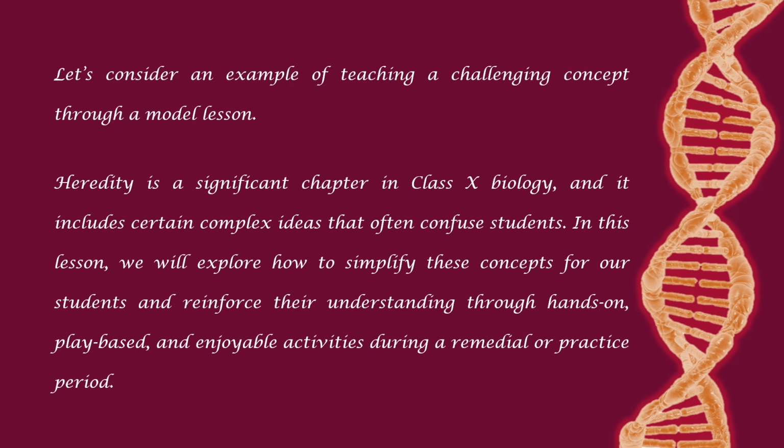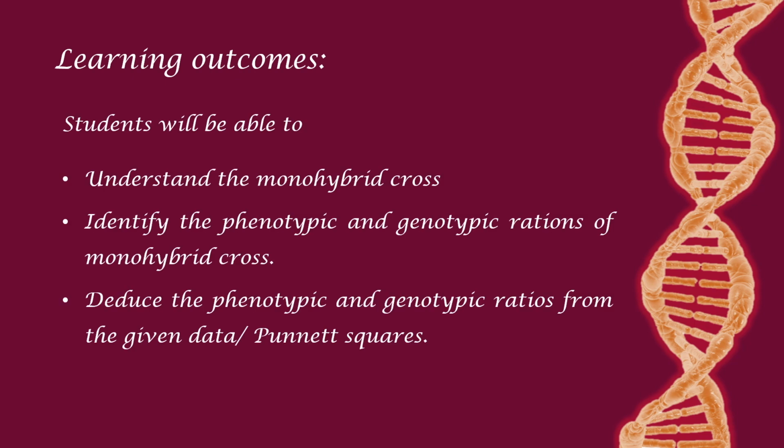In this lesson, we will explore how to simplify these concepts for our students and reinforce their understanding through hands-on, play-based, and enjoyable activities during a remedial or practice period. Learning outcomes. Students will be able to understand the monohybrid cross, identify the phenotypic and genotypic ratios of monohybrid cross, and deduce the phenotypic and genotypic ratios from the given data.